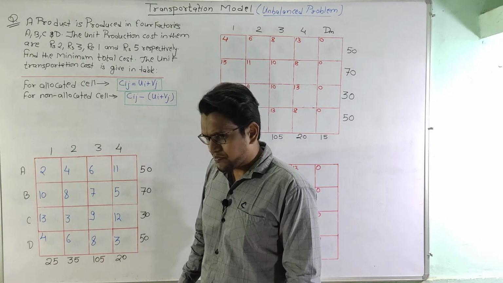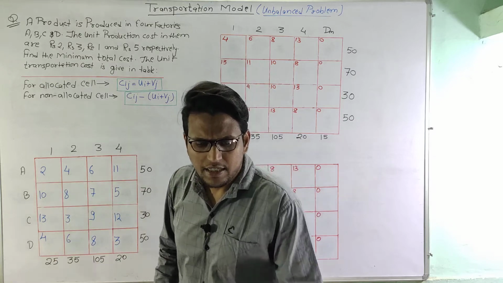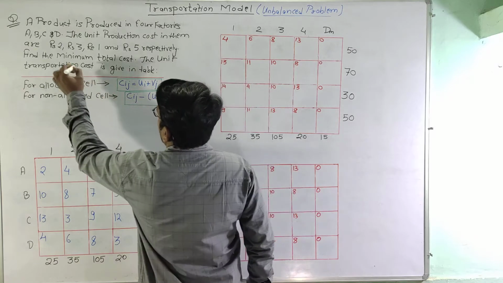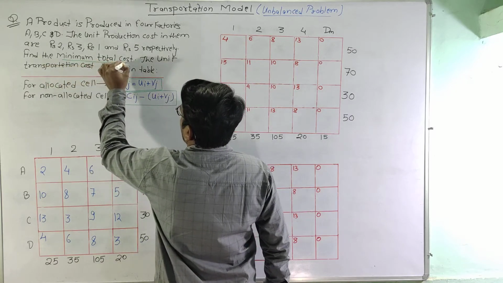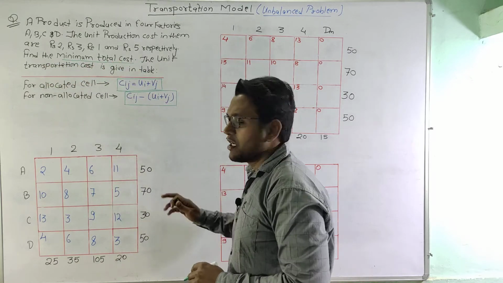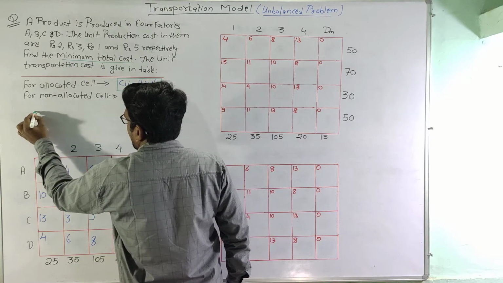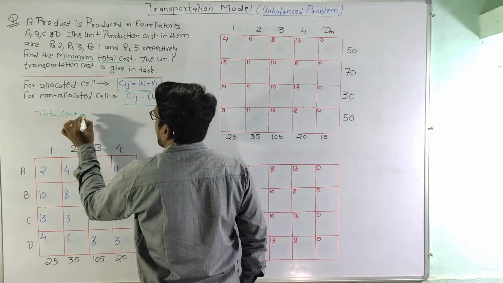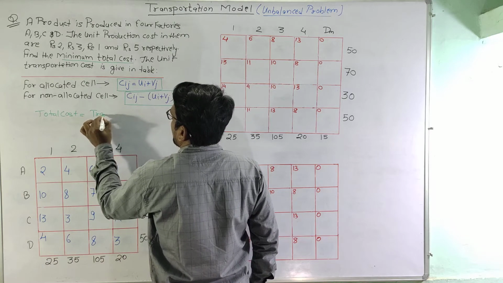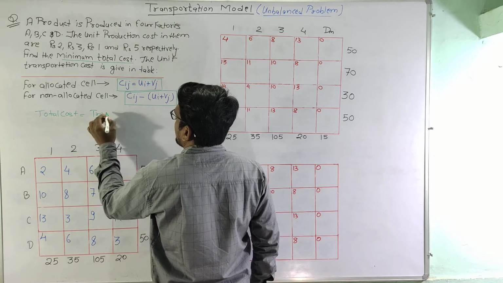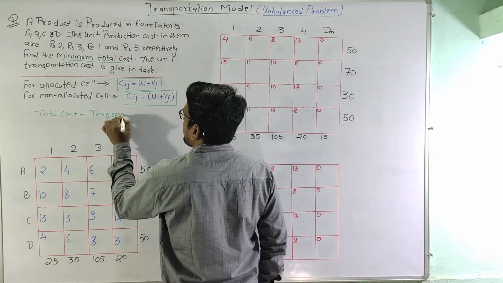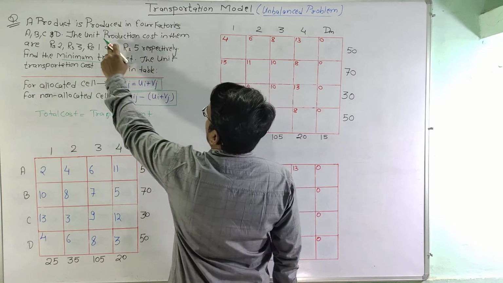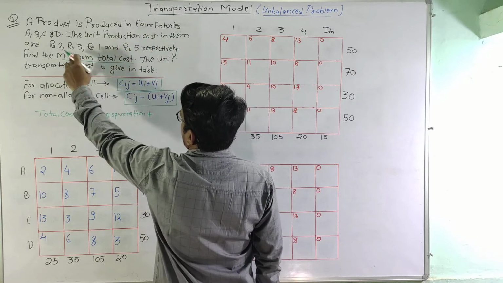Now we need to understand that in our question it has been asked to find the minimum total cost, and here the total cost consists of transportation cost plus production cost, because production cost is also given.